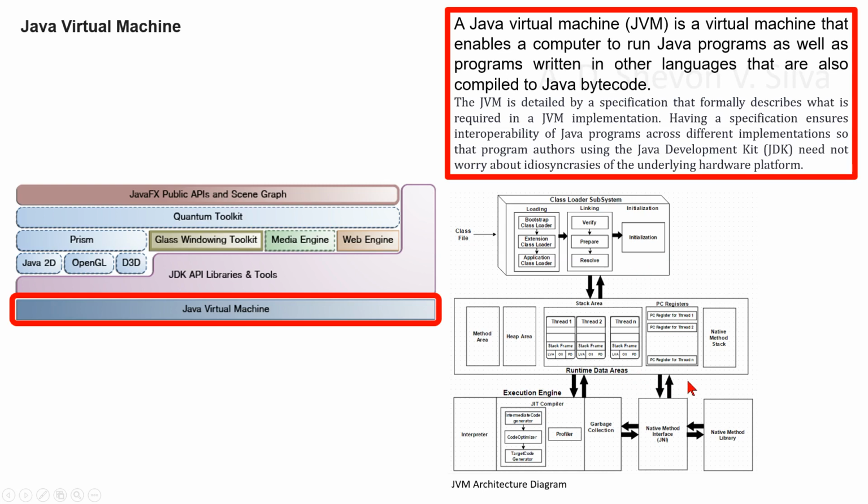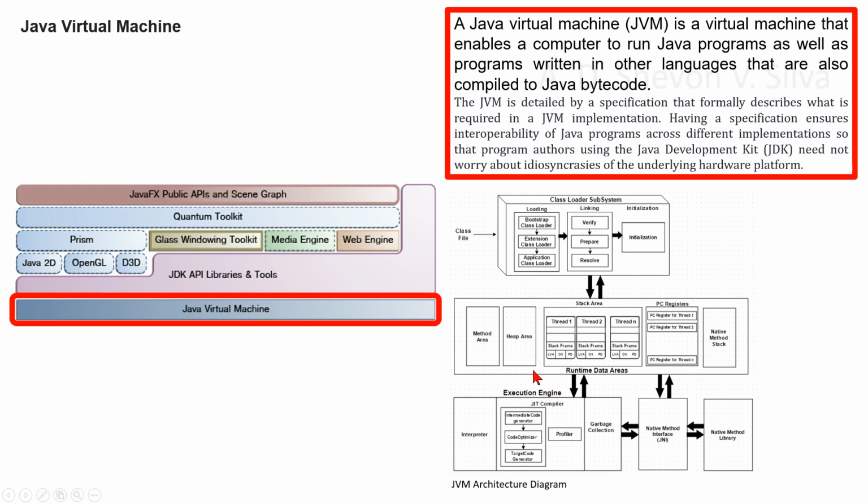Runtime data area. The runtime data area is divided into five major components. Method area: all the class level data will be stored here, including static variables. There is only one method area per JVM and it is a shared resource.